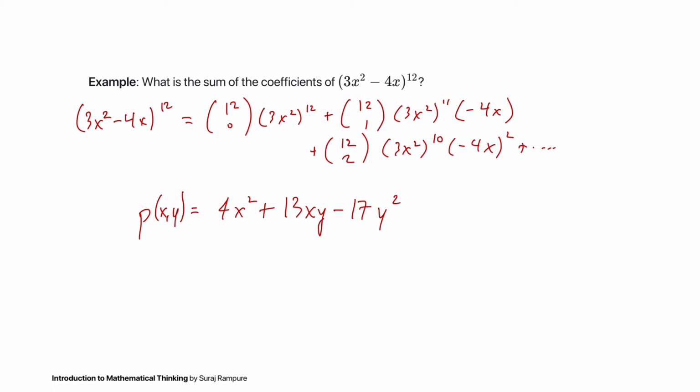Okay? How do I determine the sum of the coefficients here? Well, I just see 4, 13, and negative 17, right? I do the math and I get 0. But what numbers can I plug in for x and y to also give me the same result?